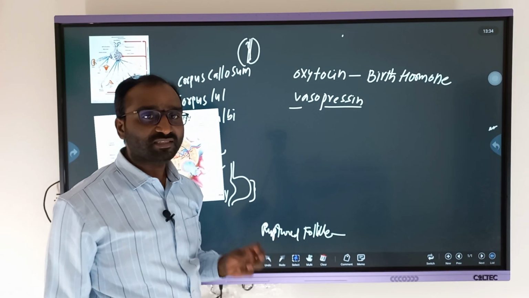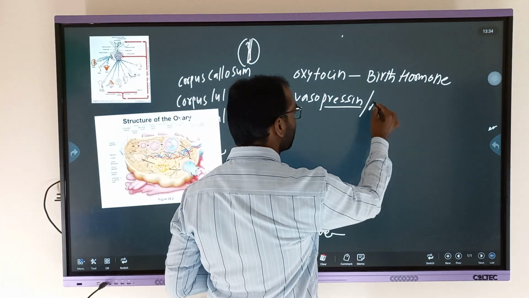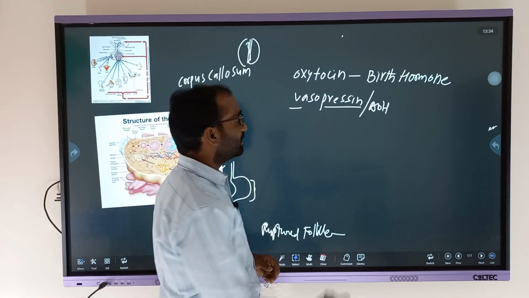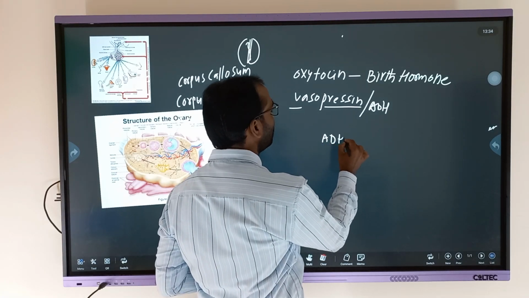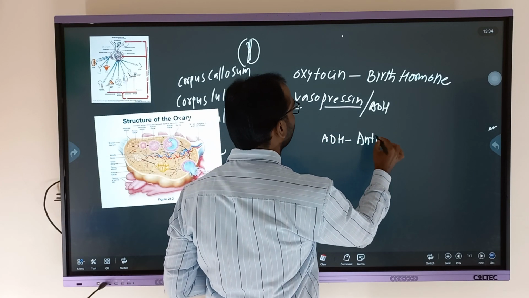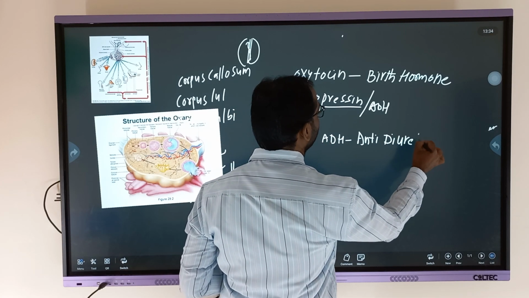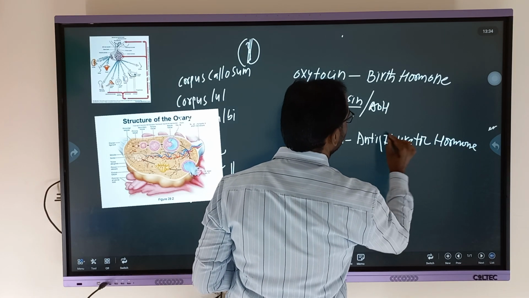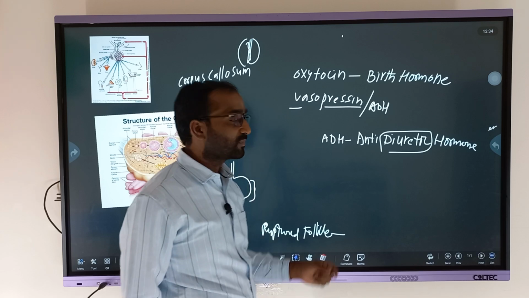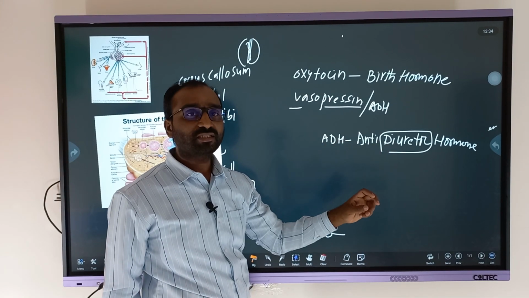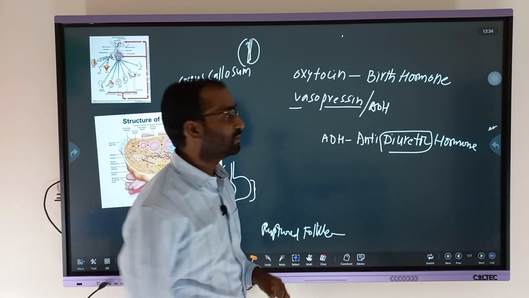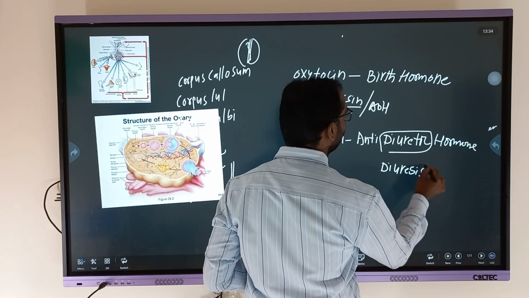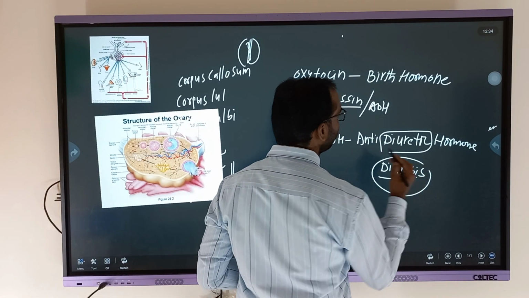This vasopressin is also called ADH. Here also there is confusion among students. What is the difference? Actually ADH is known as anti-diuretic hormone. Then what does diuresis mean? Simple.